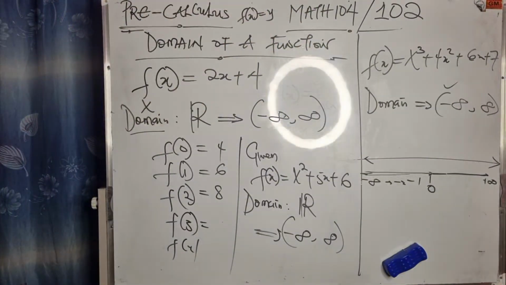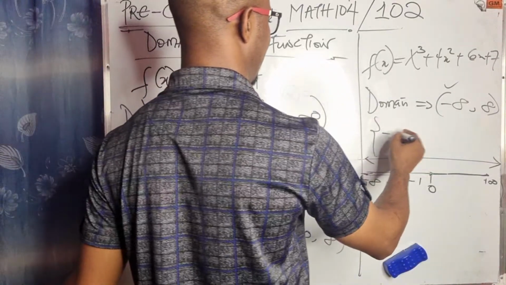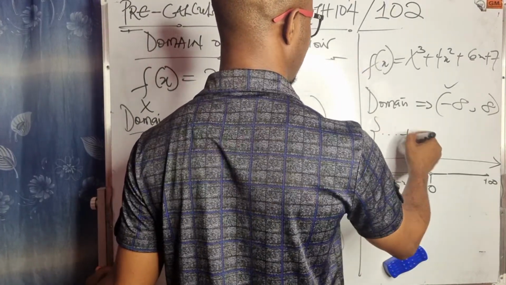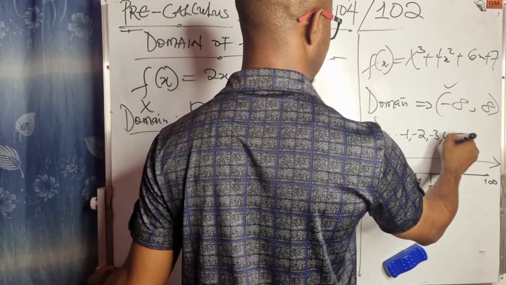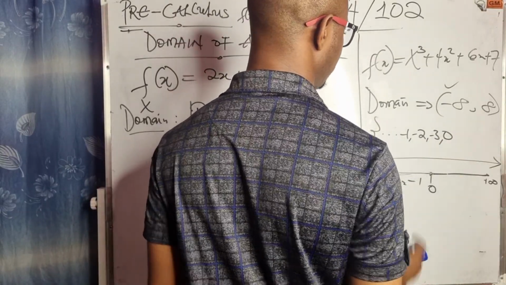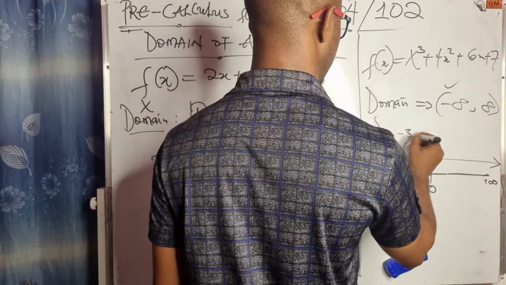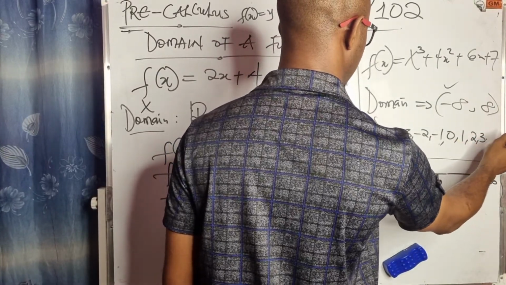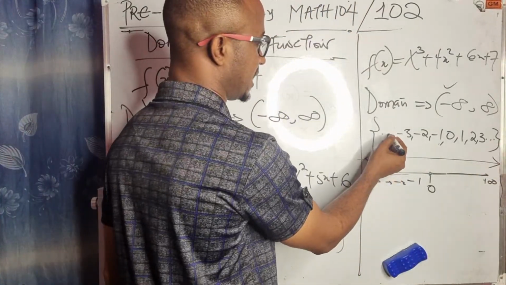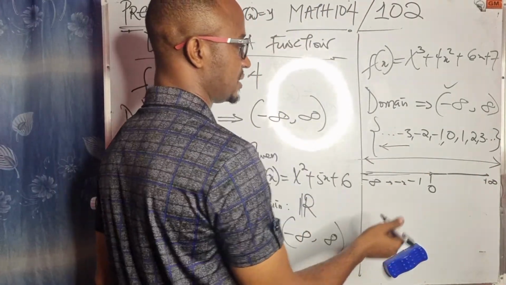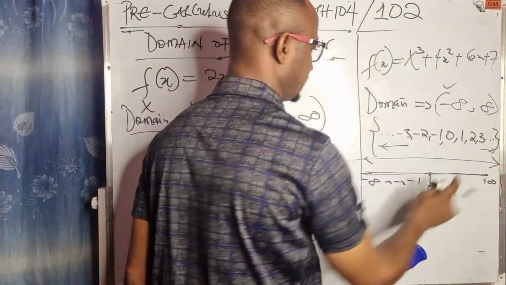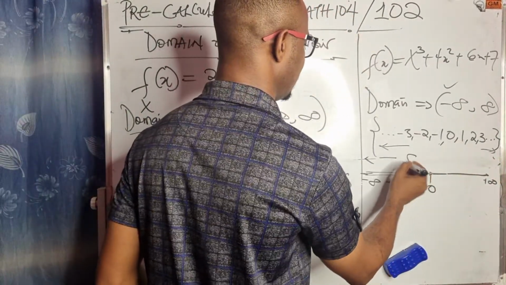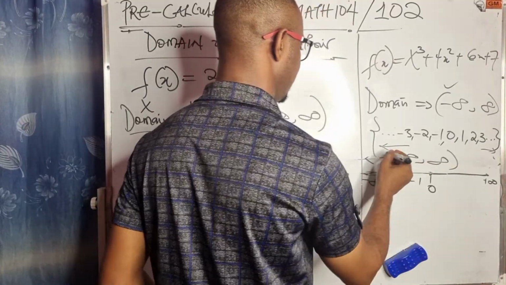Let's see -3, -2, -1, 0, 1, 2, 3, dot, dot, dot. This dot, dot, dot means that there are other numbers, right? This means there are also other numbers which are positive. So this simply means negative infinity to positive infinity. Just take note.